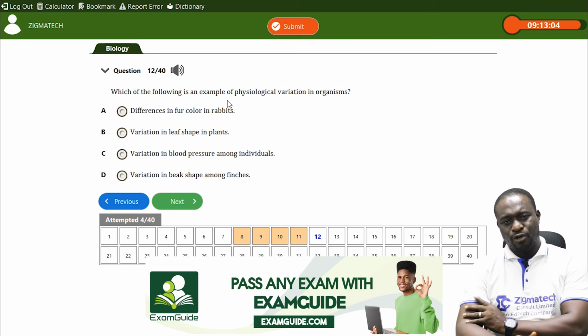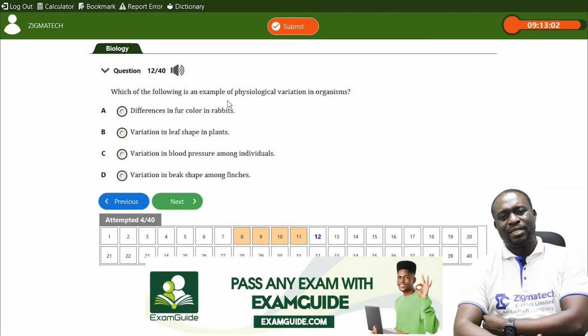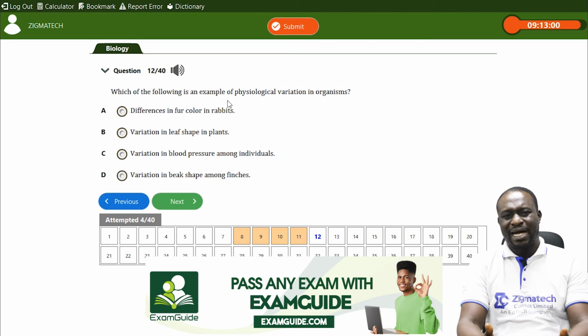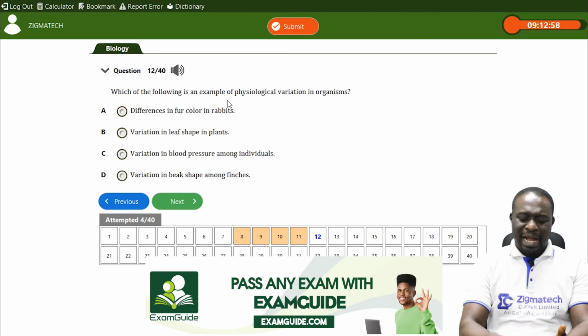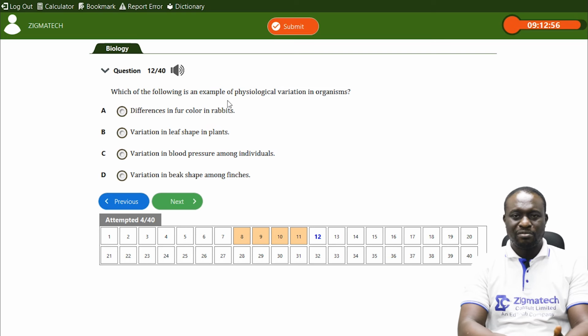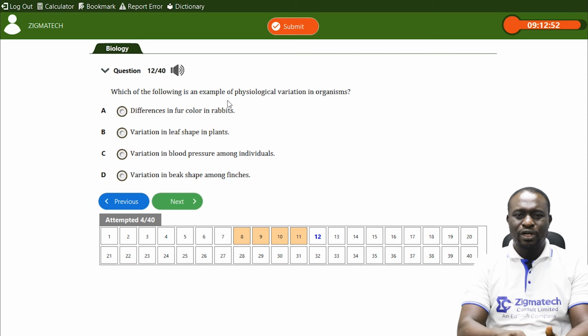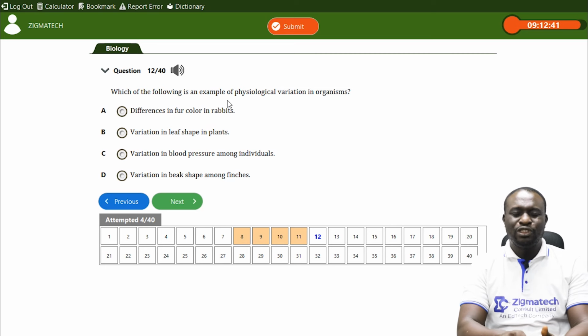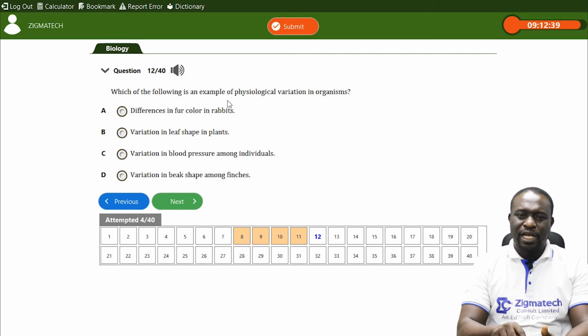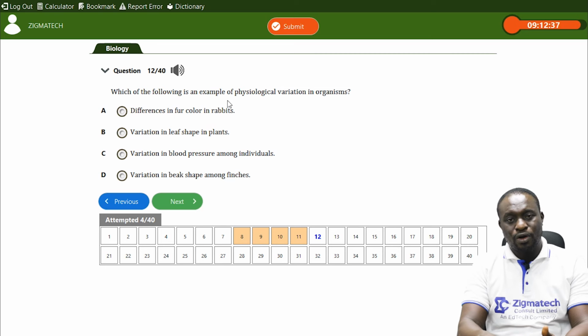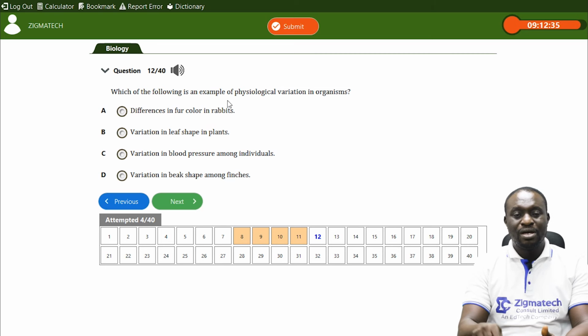Variation, like I said before, you can define it as morphological and physiological changes or differences which occur amongst organisms of the same species. I repeat it again: variation is referred to as morphological and physiological differences which occur among organisms of the same species.